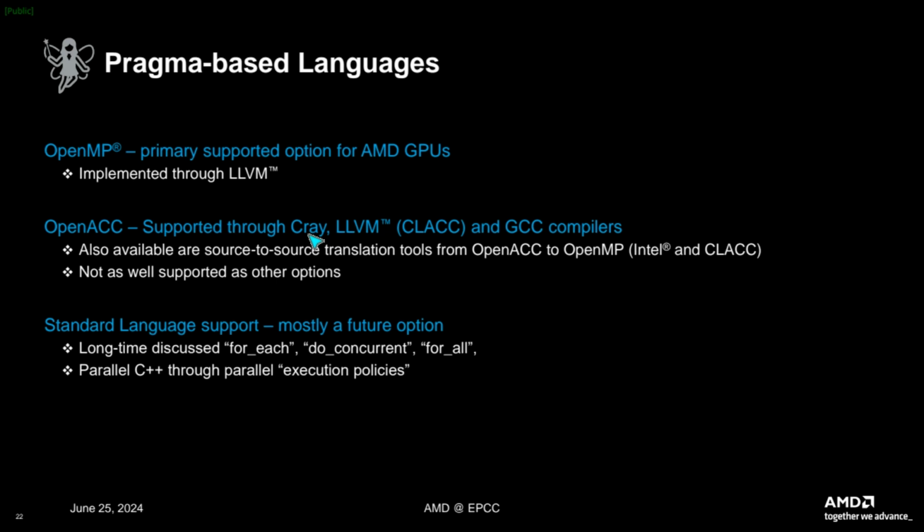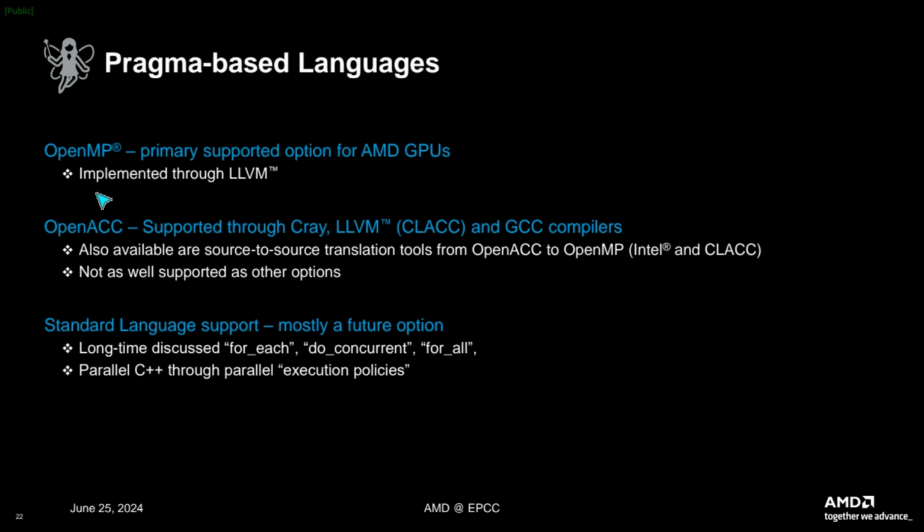And so really NVIDIA is the only vendor left that is strongly supporting OpenACC. And they're even implementing OpenMP as well. So we see a shift over to OpenMP throughout the HPC community.